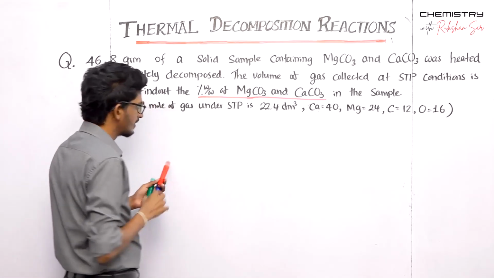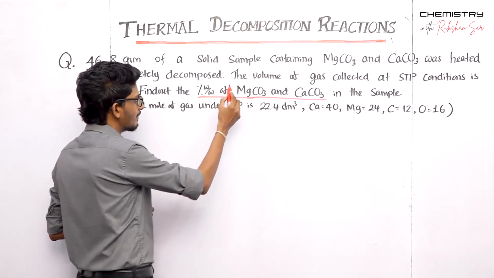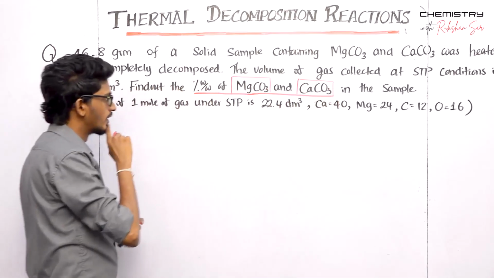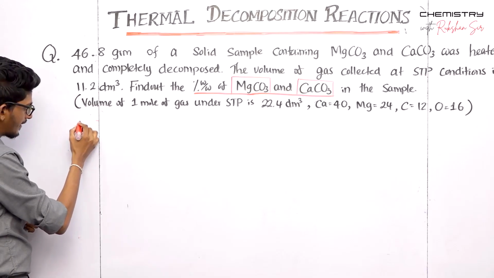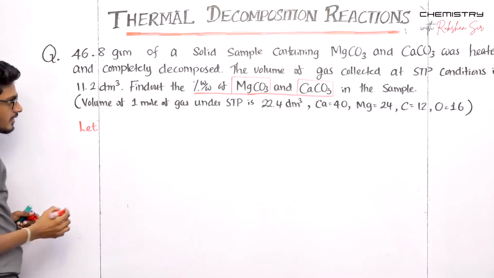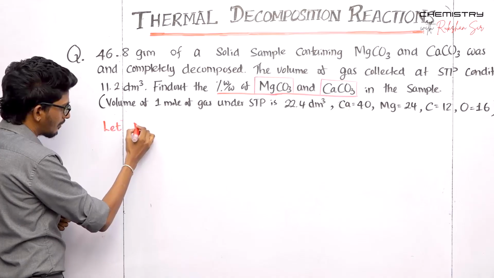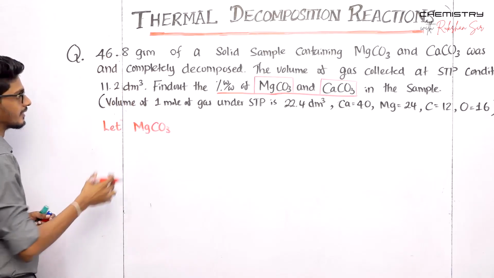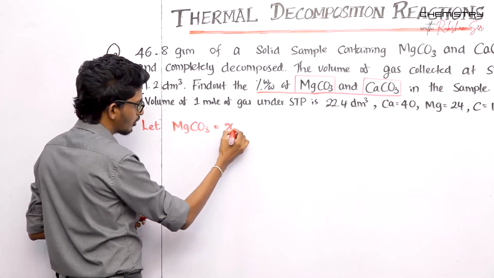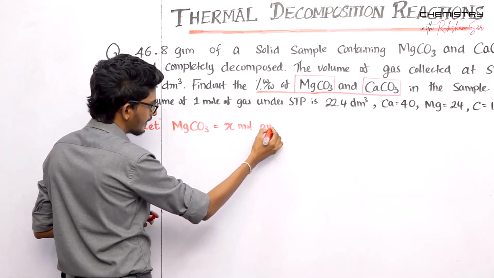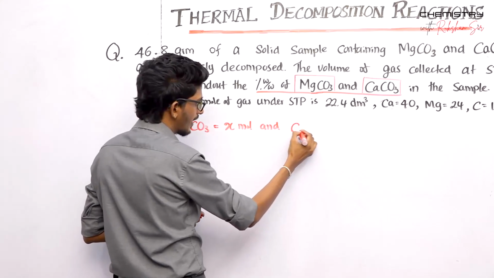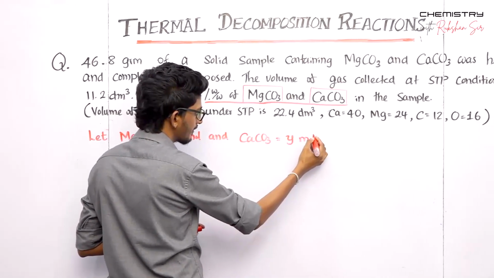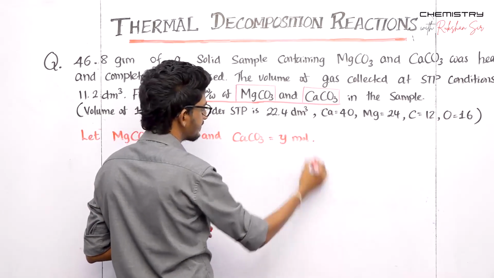So the two chemicals involved with this goal are the magnesium carbonate and the calcium carbonate. So let the moles of magnesium carbonate in this sample be equal to X moles, and the moles of calcium carbonate be equal to Y moles, right?